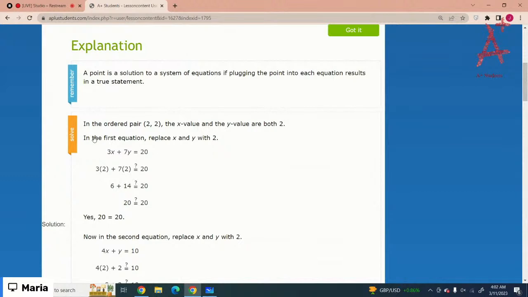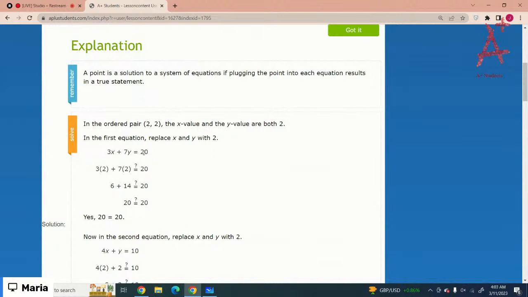Let's suppose in the example you have the ordered pair (2, 2). That means x is 2 and y is 2. So just replace the variables with the values in both equations. The first equation is 3x plus 2y equals 20. Replace both x and y with 2. So 3 times 2 is 6 and 7 times 2 is 14. When you add them, 20 equals 20.